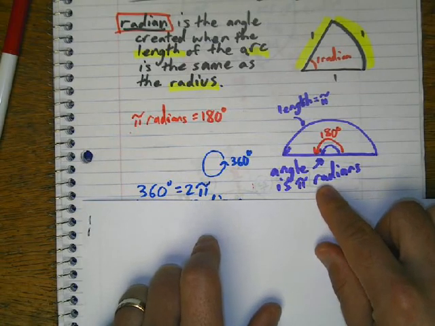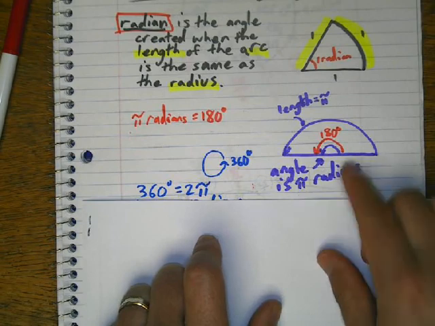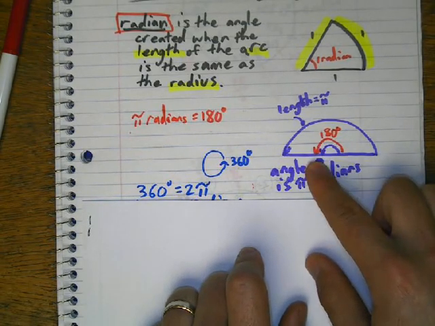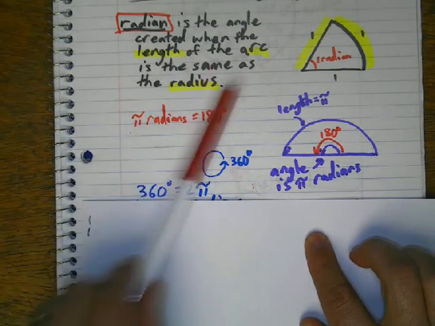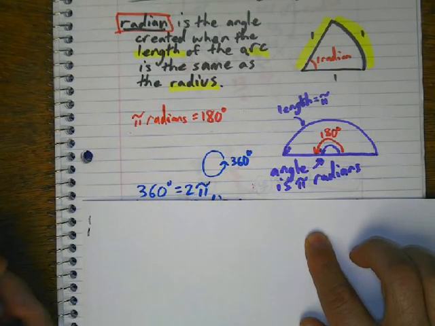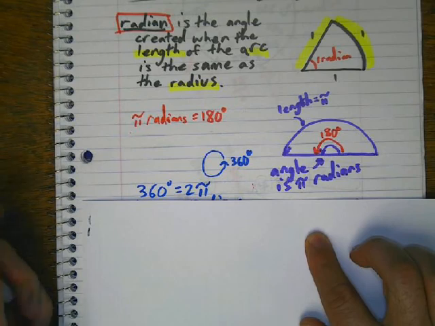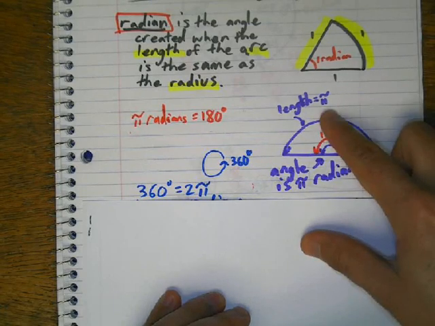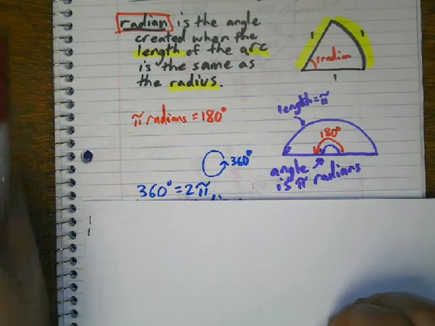So the measurement of an angle that's half of a circle is pi radians, or you could say that it's 180 degrees. And we can use this ratio to help us convert between degrees and radians. Now, the length of this would be pi if the radius is 1.